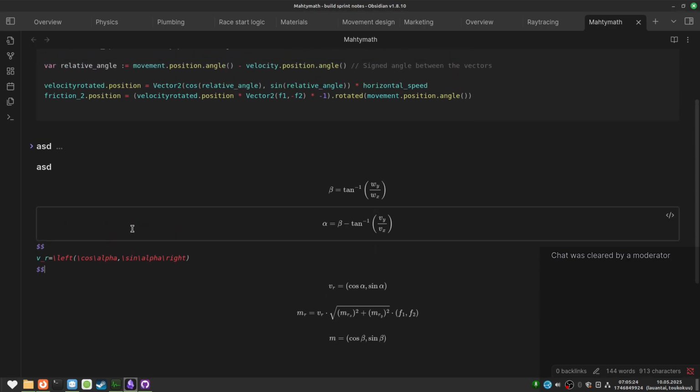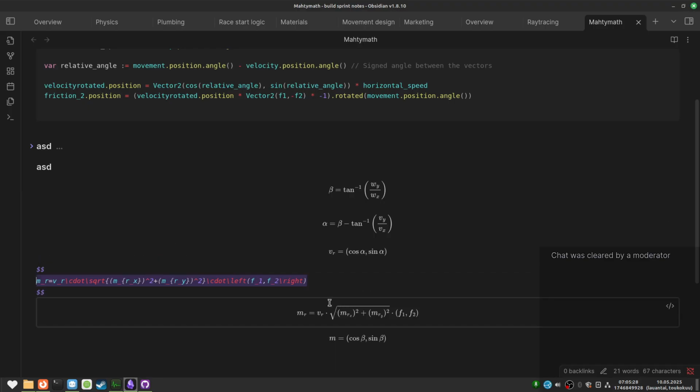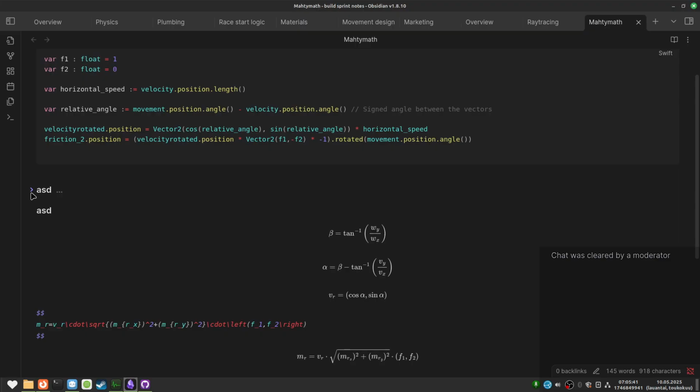I actually don't want the length of the movement vector here at all. The movement vector length is always going to be 1 because it's a unit vector. So what you want here is the velocity length.